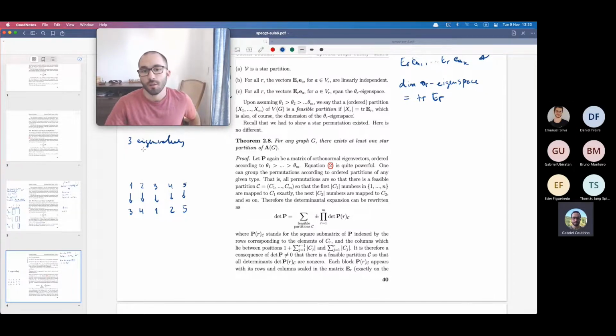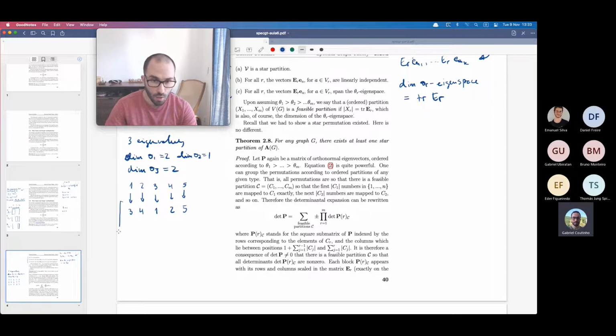And let's say that the dimension of theta 1 is 2, dimension of theta 2 is 1, dimension of theta 3 is 2. So I am interested in all partitions of the vertex set so that the first class has size 2, the second class has size 1, and the third class has size 2.